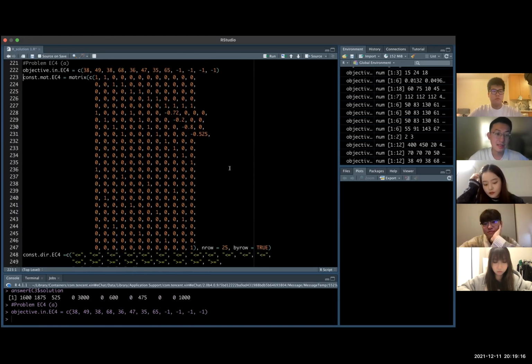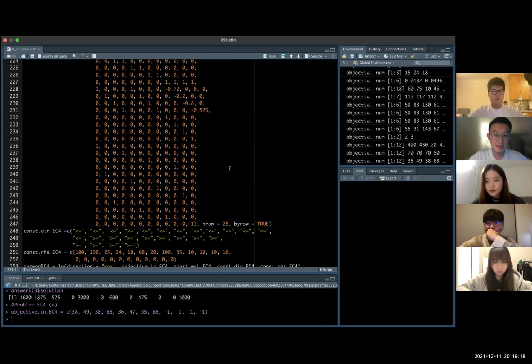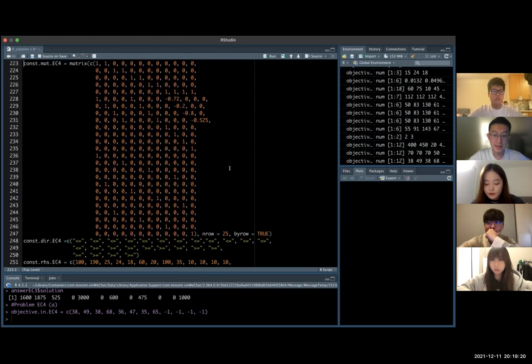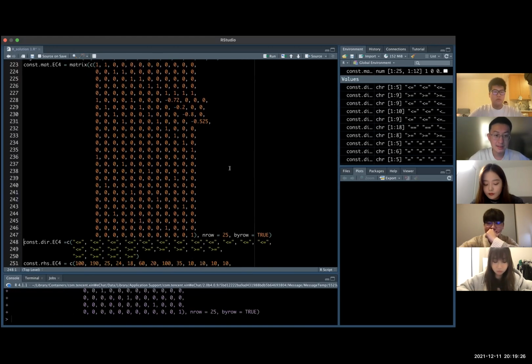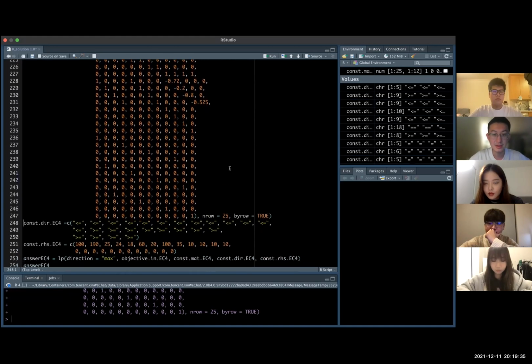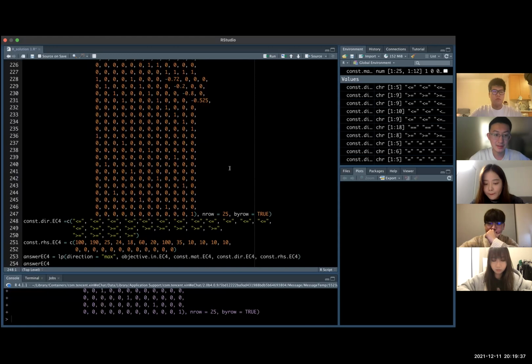And then we define the left-hand side of the matrix. We have the capacity as a constraint. And also we look at the demand, because we need to consider not only the market demand, but also the advertising. So we need the advertising to raise some demand, so we also need to take it into account.